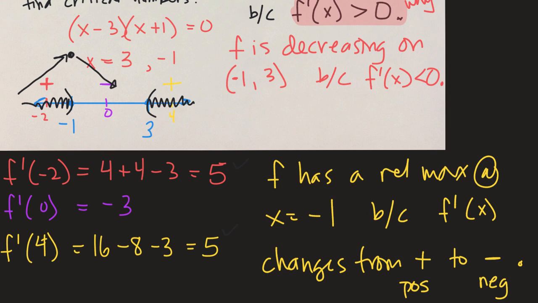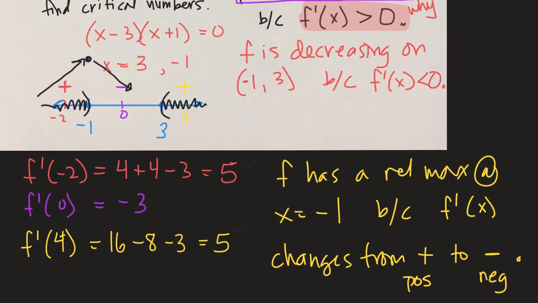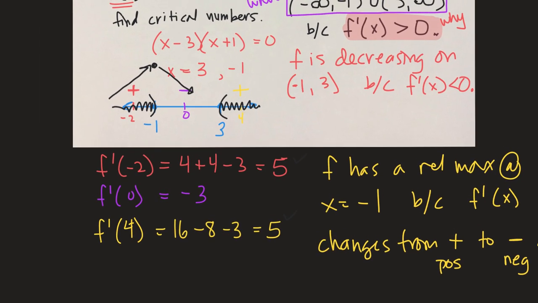F has a relative max at x equals negative 1. We don't care about what the y value is. We care about what x value the maximum is at. So at x equals negative 1, because the derivative changes from positive to negative. And using that similar type of reasoning, where would f have a relative minimum?